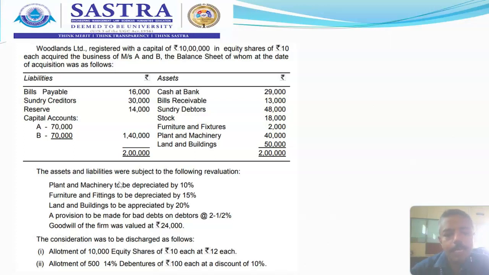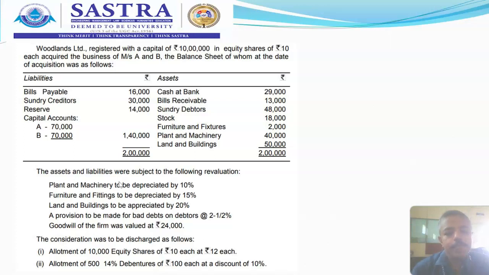Here, for equity shares, the students should not get confused with the face value, for both equity shares as well as debentures. The face value is rupees 10 for equity shares, and that is used only to calculate how much is the premium. The debenture face value is rupees 100, and that we use only to calculate how much the discount would be. So we need to focus only on the net payment.